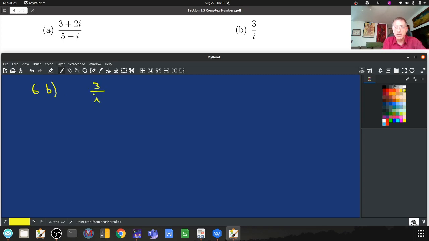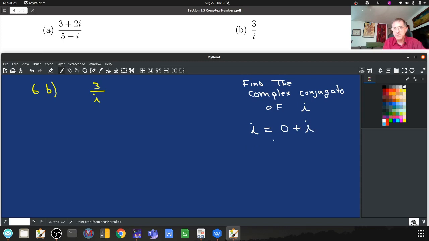So here I'm going to pose the question. Find the complex conjugate of i. Well, the first way to do it is to write it in the standard form. i is equal to 0 plus i.